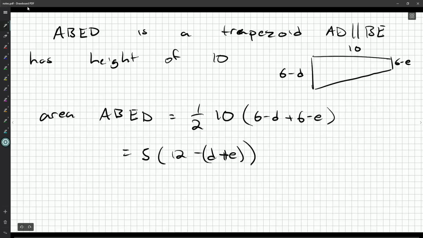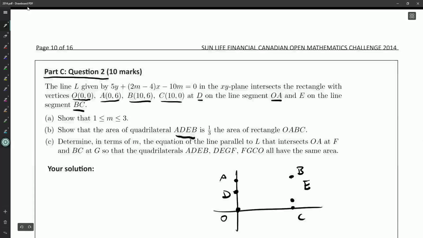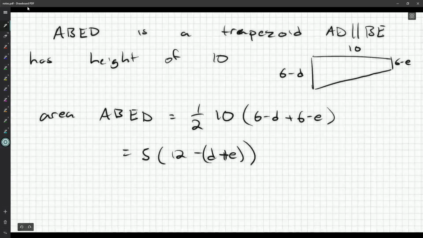So, what can we say? And should we be using part A to do any of this? Show that the quadrilateral is 1/3. Are we given any other information? Not really. So I think what I'm going to do is I'm just going to plug both expressions into the line here.